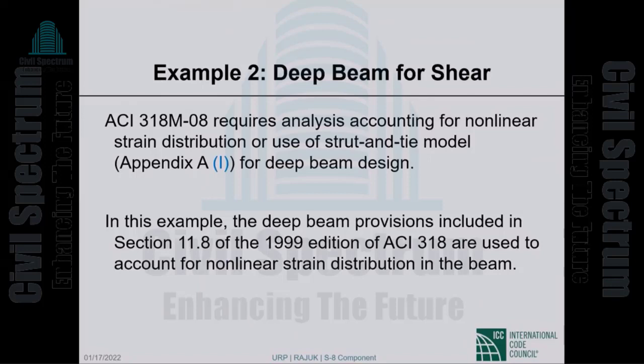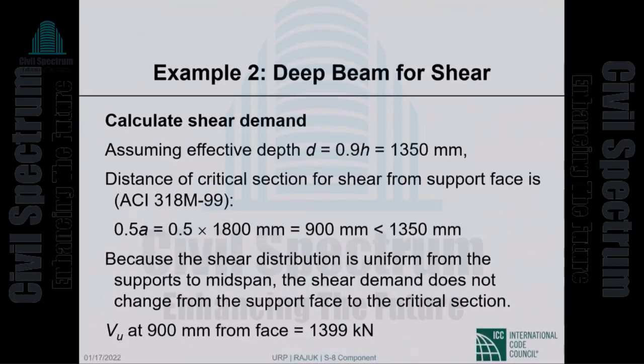In this example, the deep beam provisions included in section 11.8 of 318-99 are used to account for nonlinear strain distribution in the beam. So this is what I basically wanted to show you, the way we typically have done it. Assuming effective depth d of 90% of the total depth of the beam, d then comes to 1350 millimeters.